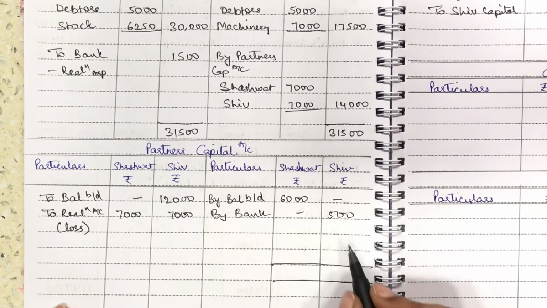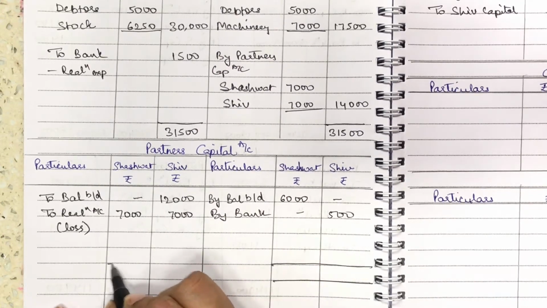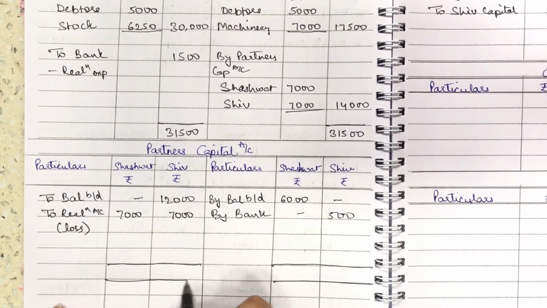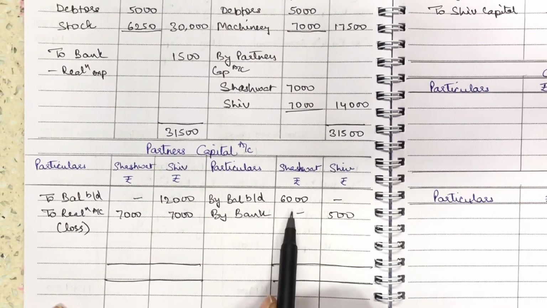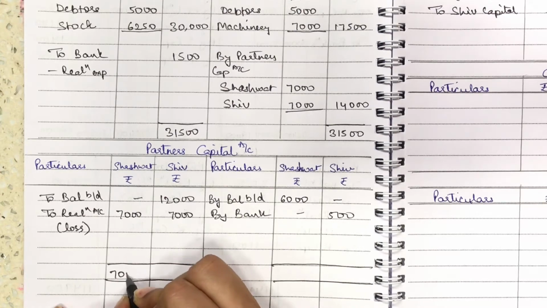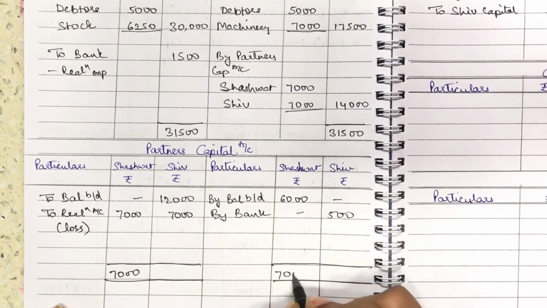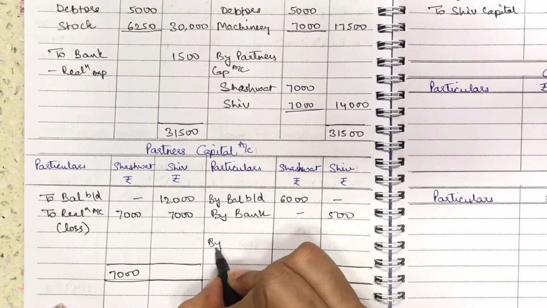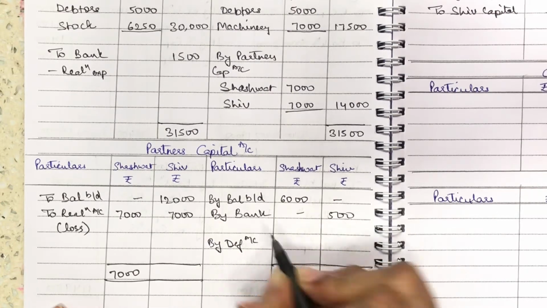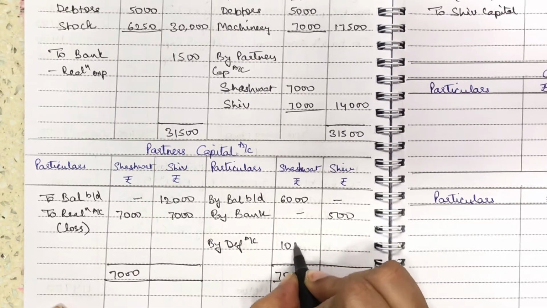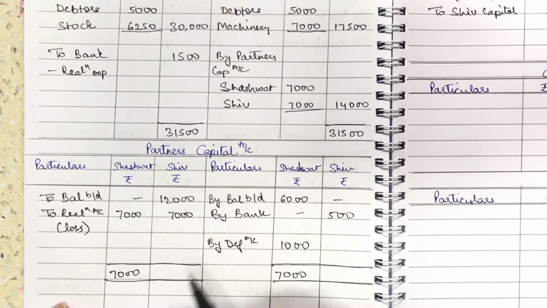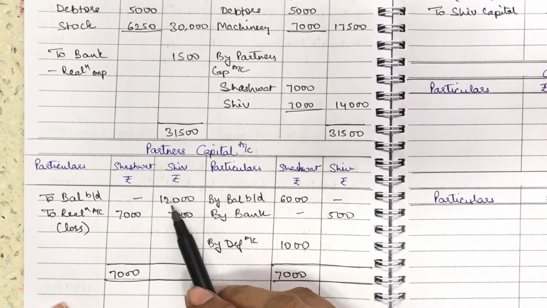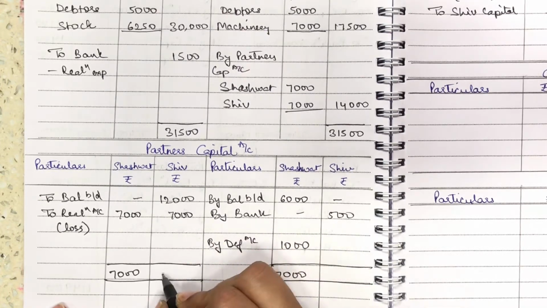So, here it is, let us find both the sides, 7,000 here, 6,000 here. So, this is more. So, I write here 7,000 both sides by deficiency account, 7 minus 6, so 1,000. And what about this Shiv? 12 plus 7, 19,000.